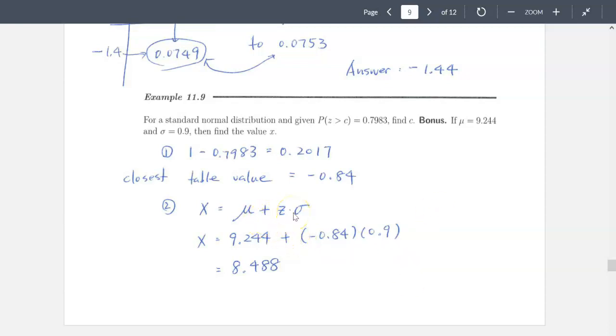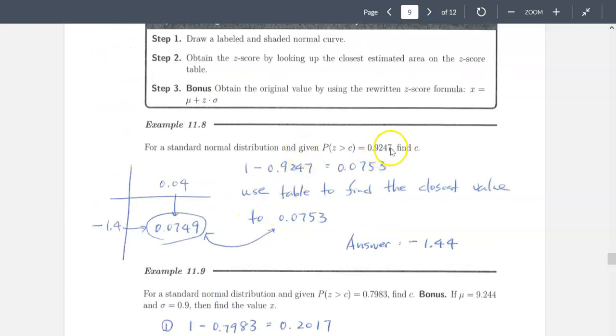Well, 90% means top 10%. What you want to do is imagine this question saying, what value will give me 90%? To be in the top 10% means you beat 90% of the people in the class. Remember, the z table is the area to the left of you. So if you're in the top 10%, the area to the left of you is 90%.